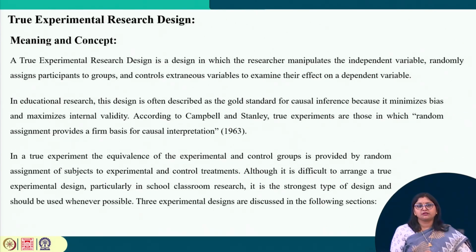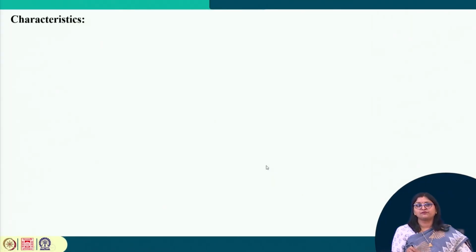In a true experiment, the equivalence of the experimental and control group is provided by random assignment of the subjects to experimental and control treatments. Although it is difficult to arrange a true experimental design, particularly in school classroom research, it is the strongest type of design and should be used whenever possible. Three experimental designs are discussed in the following section.